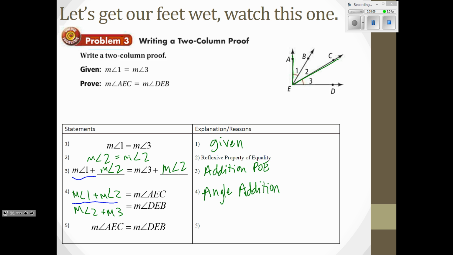Right here. What about this part? Do we see this anywhere else in our proof? Right here. So what are we really doing to go from these two statements to this last statement? Not distribution, not addition. Now we're just guessing. No. I had something right here, and I took it out and set it equal to what it was equal to. So I used the substitution property of equality.